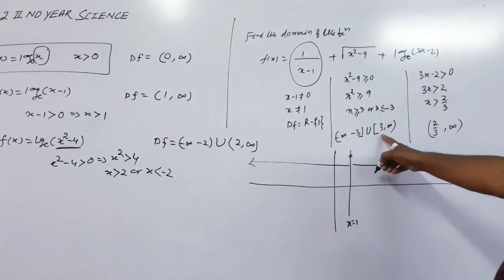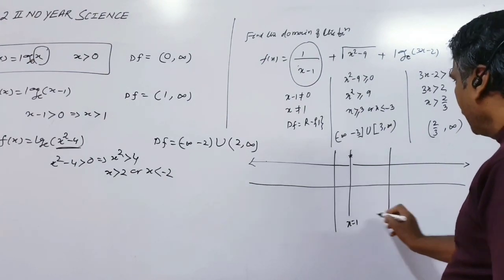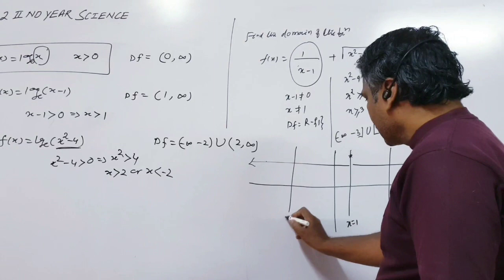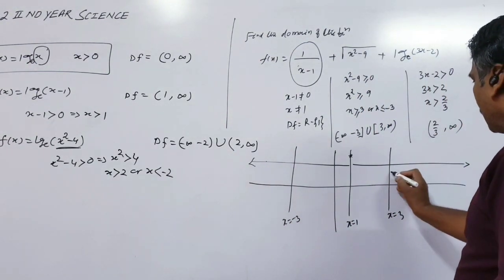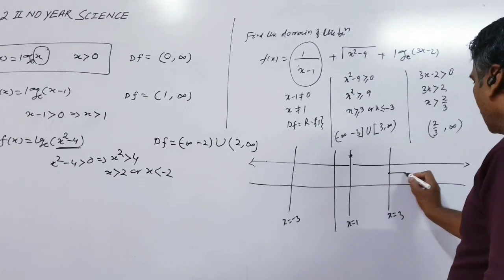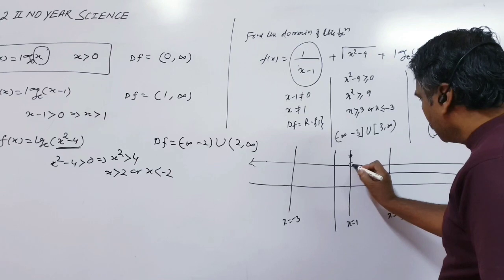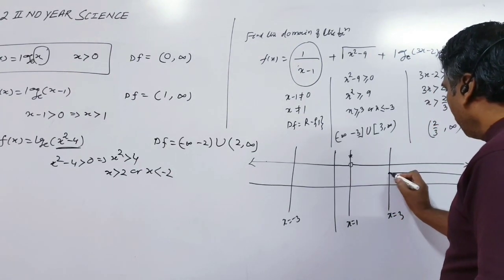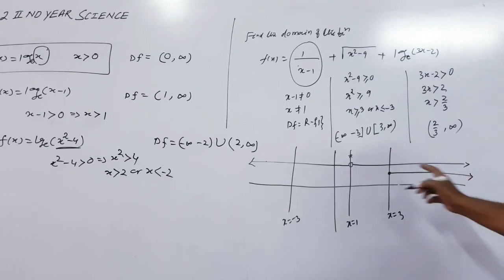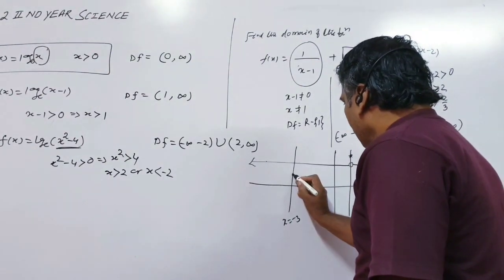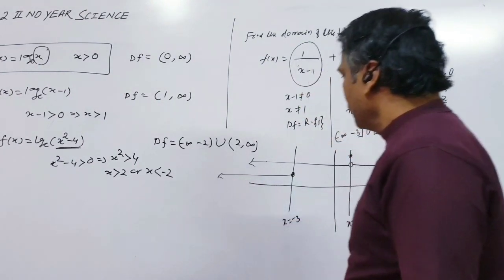The second one, suppose this is x equal to 3, and let us say x equal to minus 3. Greater than or equal to 3. Now this is open, that means exclude this point. If you write it bold, it includes this one. Greater than 3, and only less than minus 3.